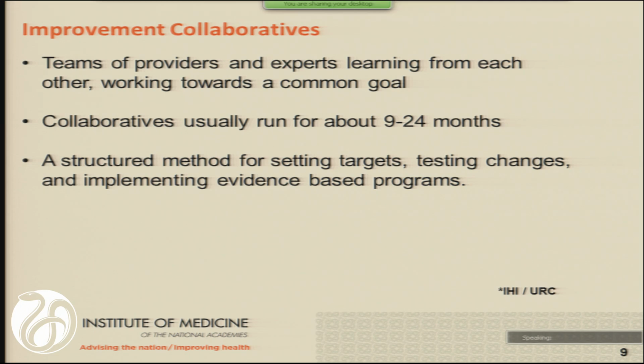And these collaboratives are characterized by their inclusive nature, building a coalition, and typically run anything from 9 months to 24 months. And there's a structured process, as with COPE, to identify issues, set targets, implement actions, test the influence of the changes introduced as an approach to implement new interventions or more complex evidence-based programs. Next, please.